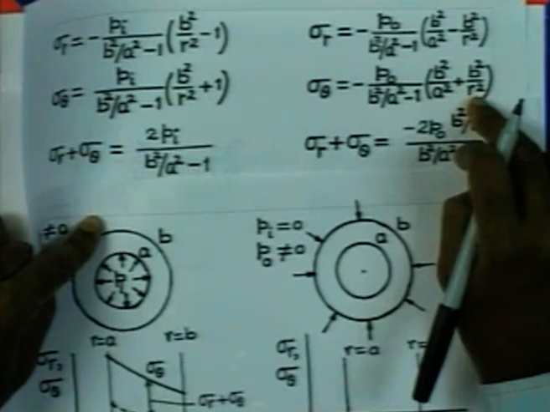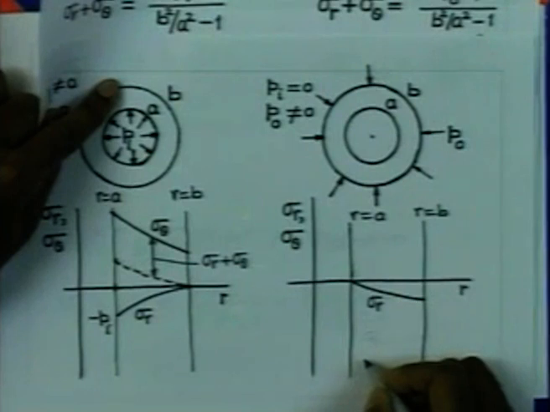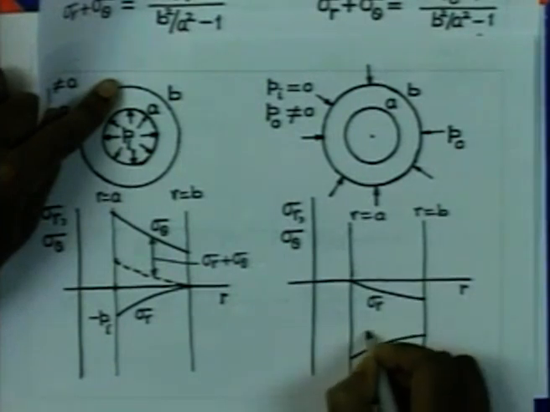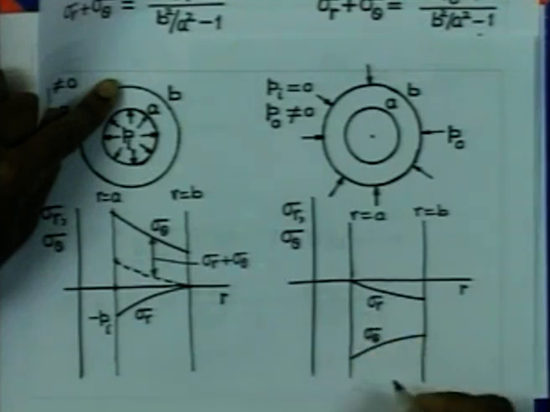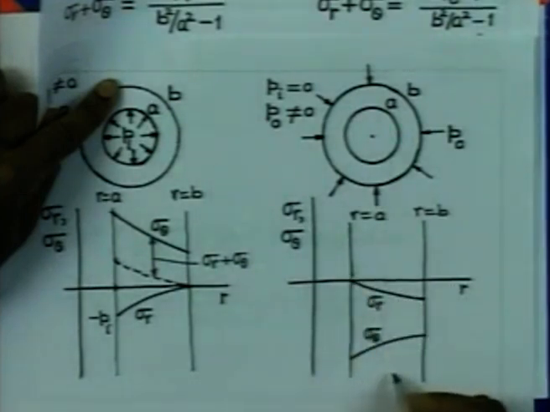In this case, the slope of the curve is proportional to 1 by R cube again. Therefore, it is a positive slope that is gradually decreasing. So, the variation of the stress is going to look like this.